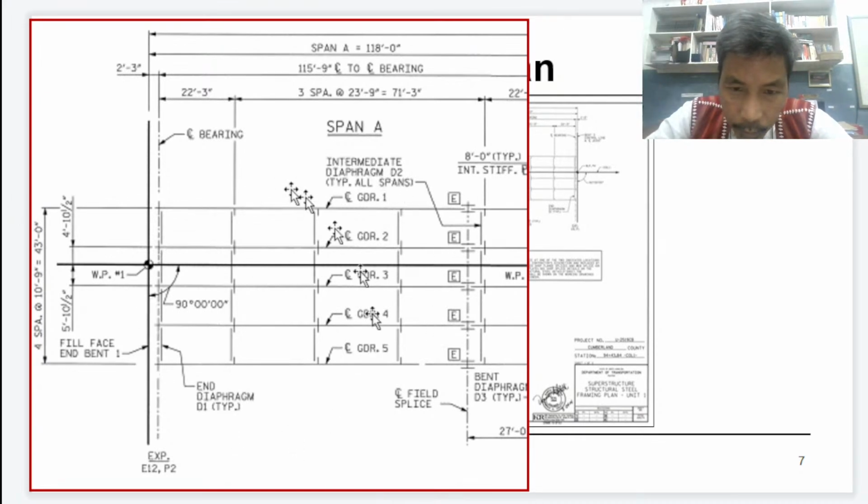Any other important thing here? So this E here has a specific definition. It is a legend. What do you mean by this? CL, so center line. Again, this line is a center line for GDR. What do you mean by this? Fill, face, and bend.